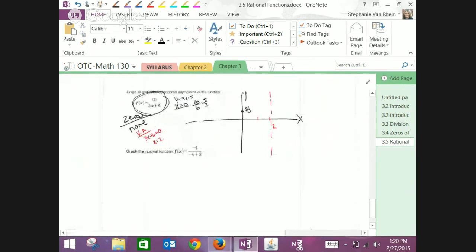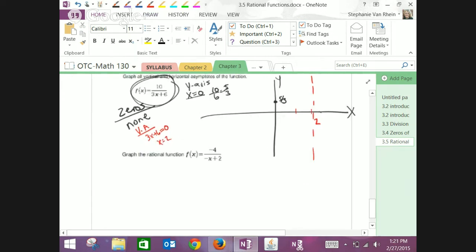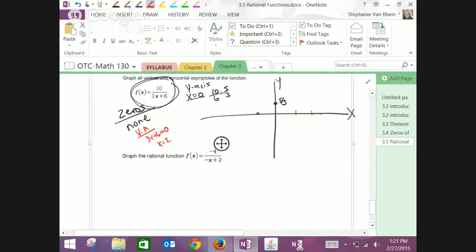You see that? When the denominator equals 0, the function doesn't exist, so that means you have a vertical asymptote at that x point. It's negative 2, because we have minus 6 divided by 3, which is minus 2.